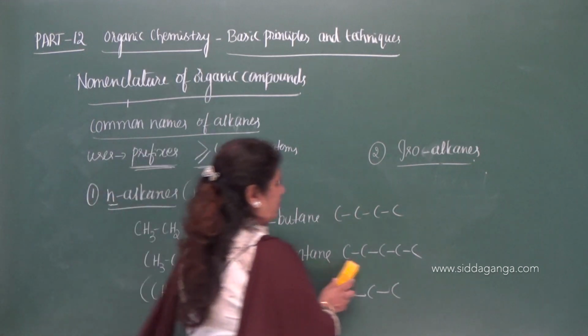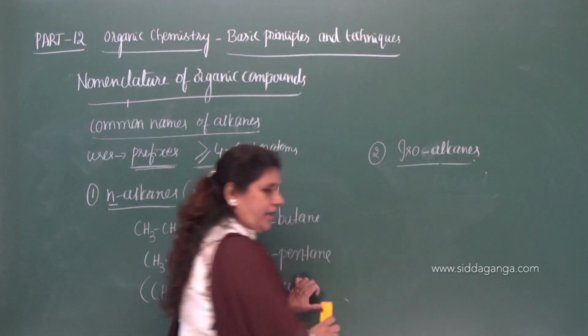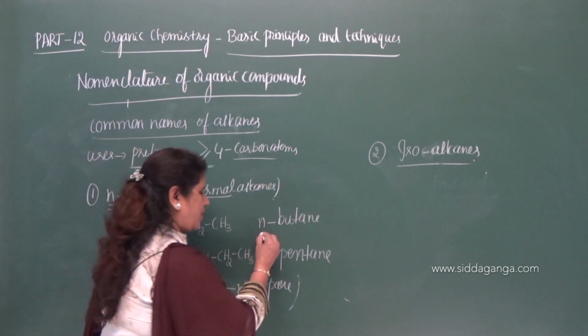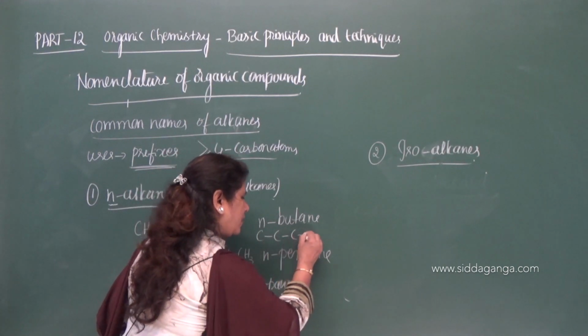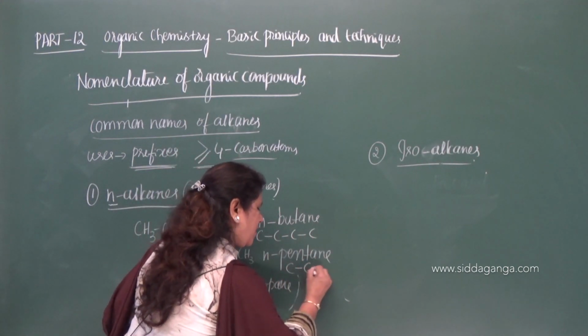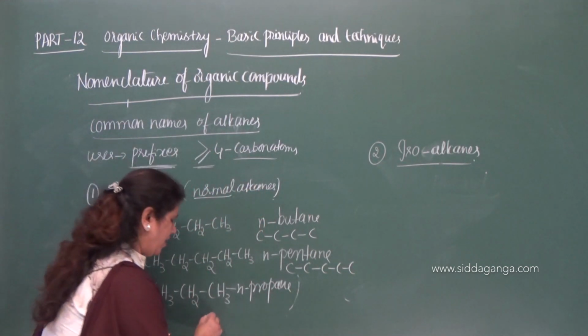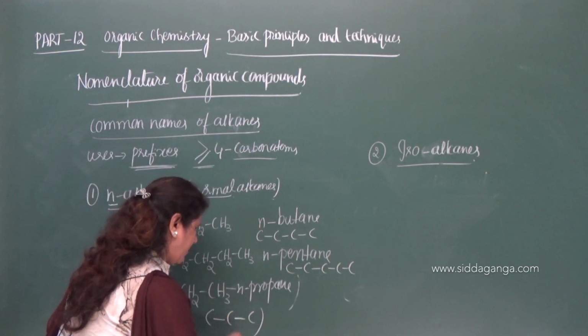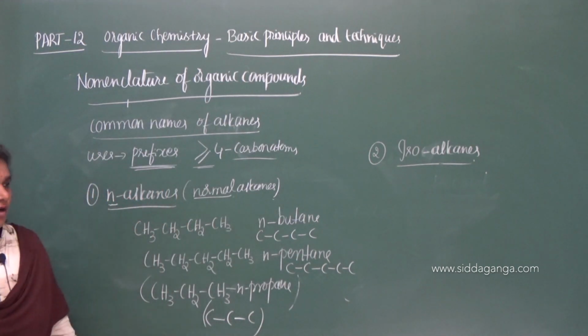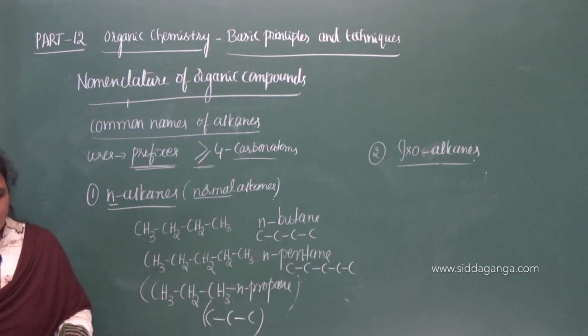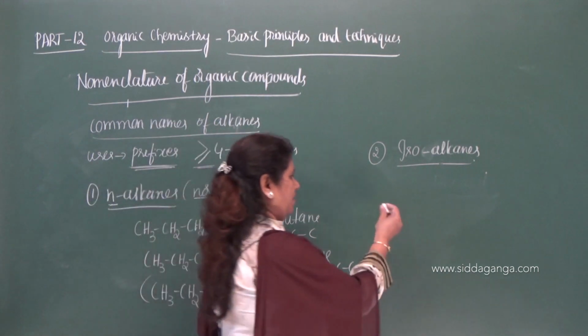I'll write the carbon chain here: 4 carbon atoms in a straight chain, 5 carbon atoms in a straight chain, and 3 carbon atoms in a straight chain. Now, in case of isoalkanes, let me give the same members.